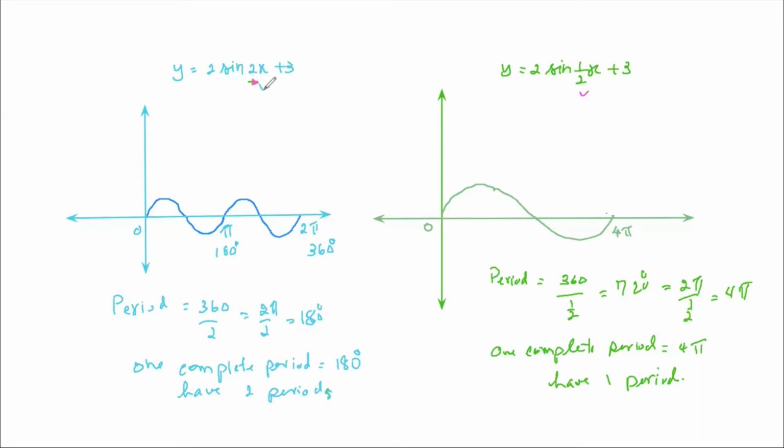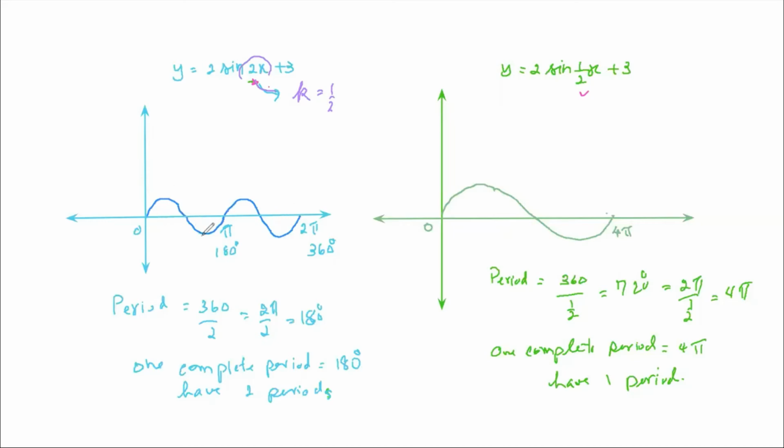One more time, the conclusion. I use another color. How about this? When this one, right, 2, means our k equal to 2. So the graph is a horizontal shrinking.